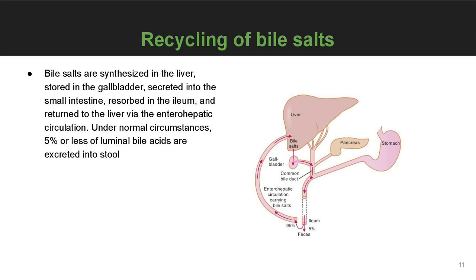After using these bile salts, we reabsorb them into our bloodstream and reuse them in our liver, and after that they are secreted by the gallbladder into the small intestine.